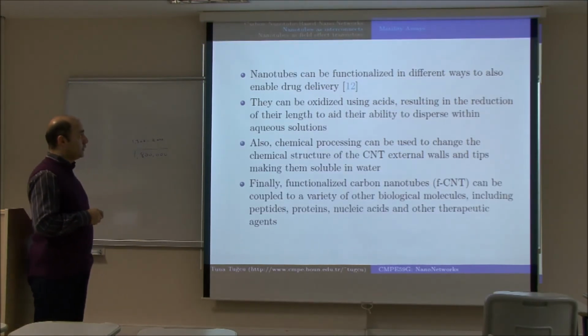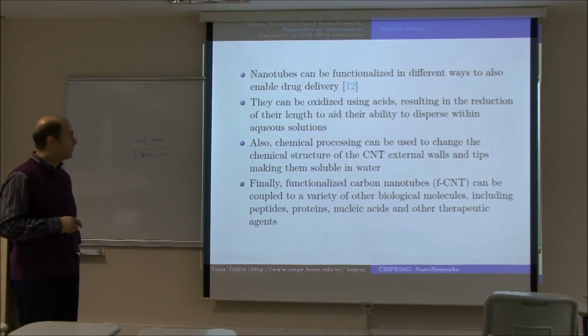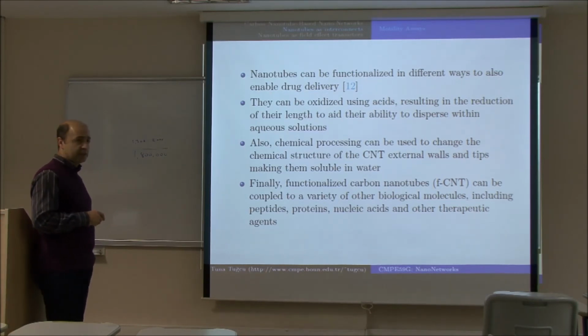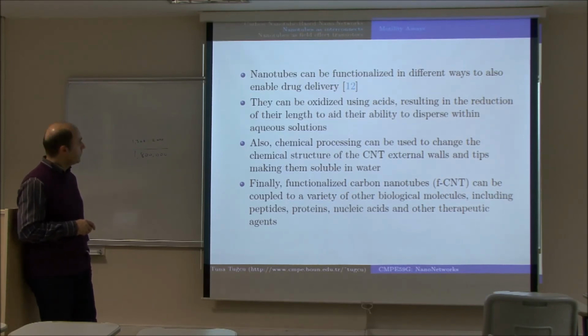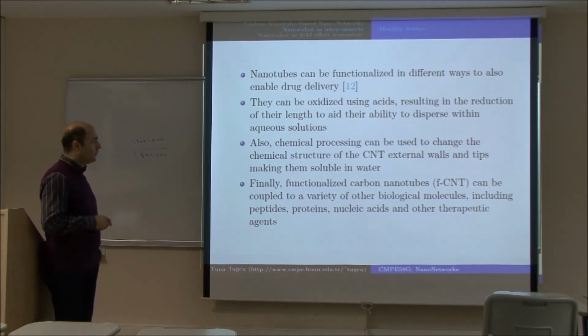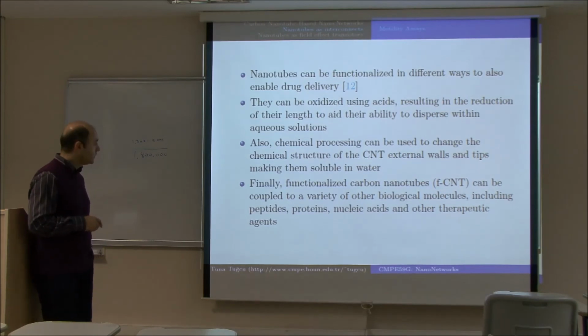The nanotubes can also be functionalized in different ways to enable drug delivery. This is typically used for cancer treatment, for example. They can be oxidized using acids, resulting in the reduction of their length to aid their ability to disperse within some aqueous solution.